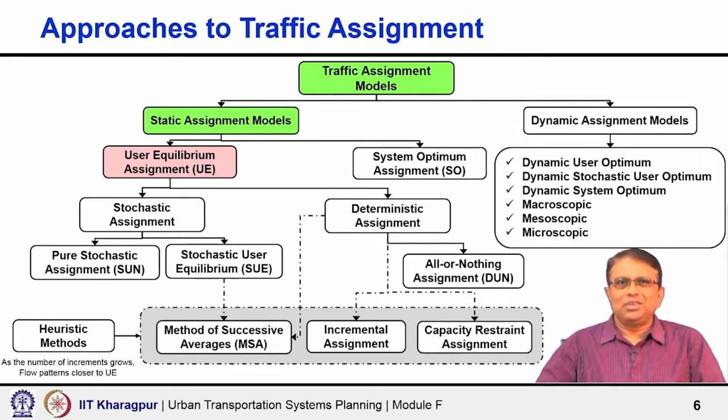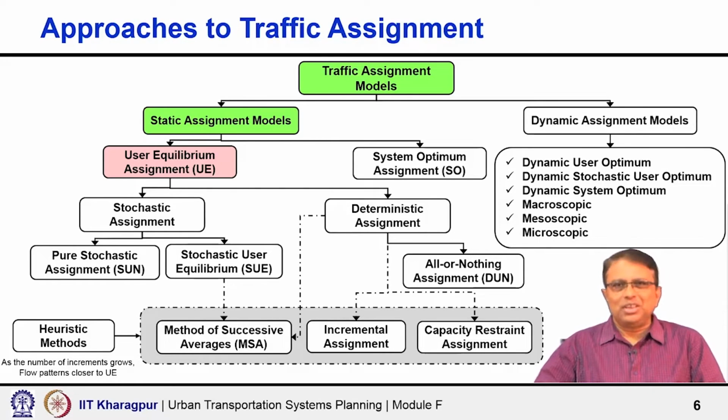So, whatever I covered, I am making them green. My next point is, you can see under static assignment models, the two broad categories are shown as user equilibrium assignment, UE. People also call it user optimal assignment. The other, which is not highlighted here, is the system optimum assignment.